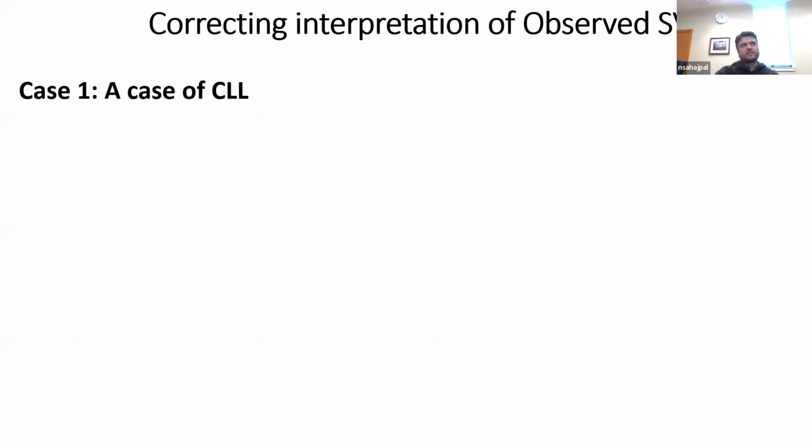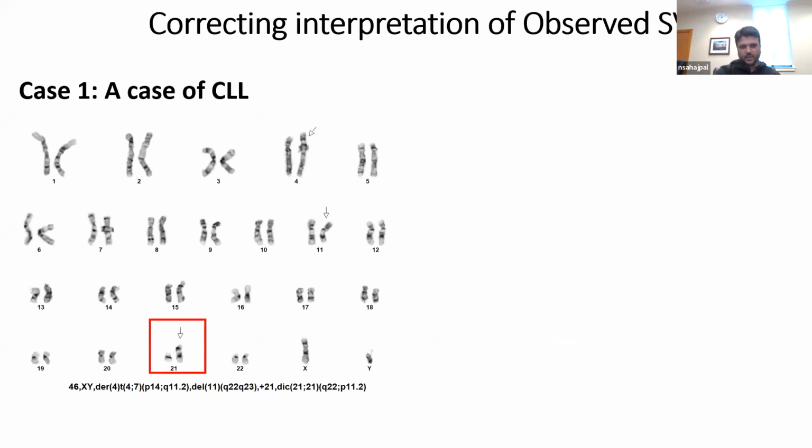I do want to highlight certain interesting cases that we observed during our validation study, where with the higher resolution, we were able to correctly interpret what was being seen with karyotyping and FISH. So the first example in this series is a CLL case where we saw this complex karyotype, but I do want to highlight chromosome 21 here, where we see an additional 21 and a dicentric 21-21.